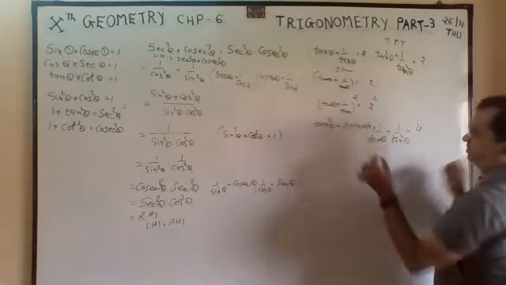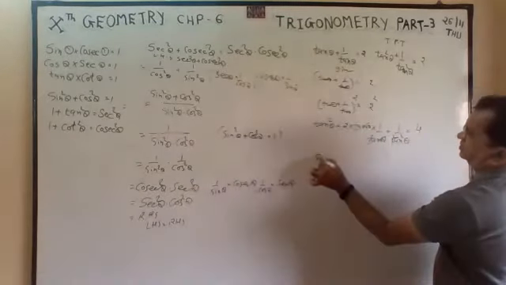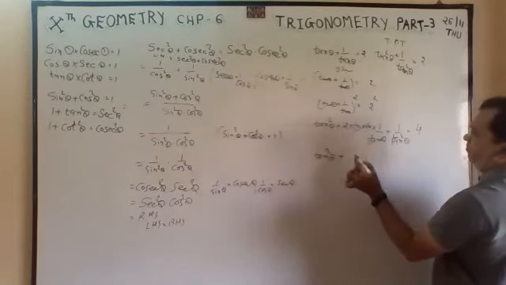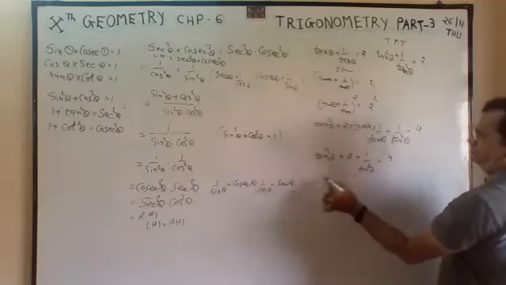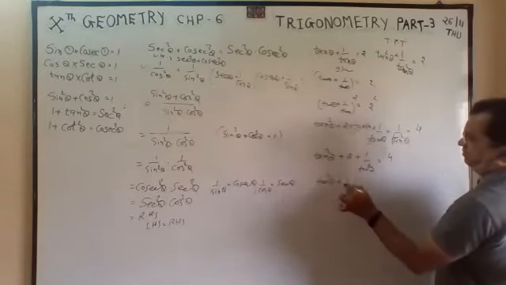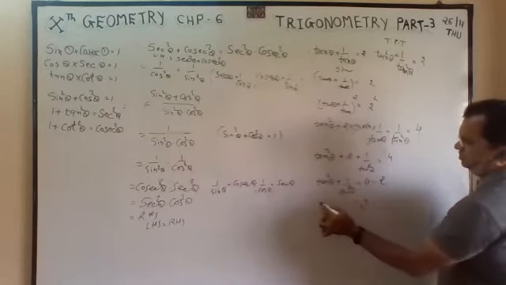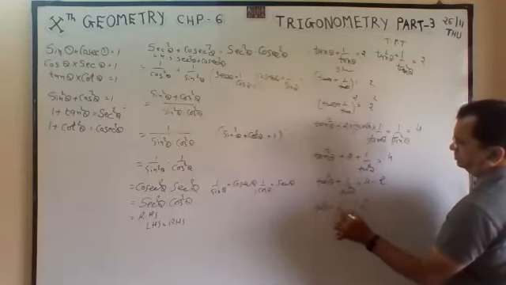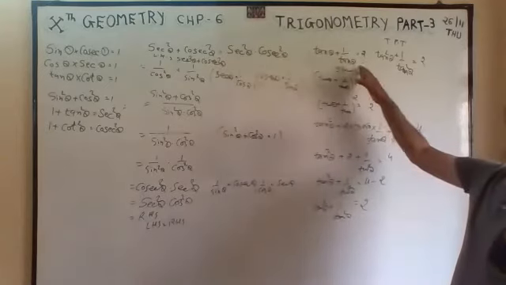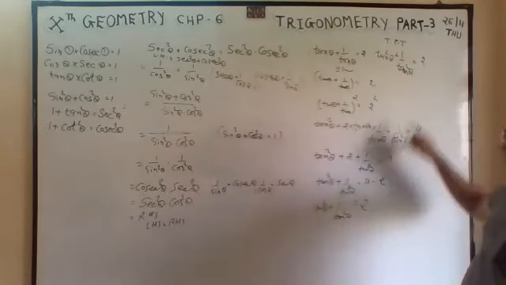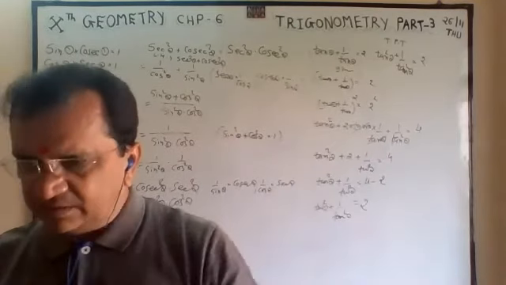So tan will cancel. So it is tan square theta plus 2 plus 1 by tan square theta is equal to 4. So tan square theta plus 1 by tan square theta is equal to 4 minus 2, which is 2. Tan plus 1 by tan is equal to 2 given. Tan square plus 1 by tan square is equal to 2. I have proved. Now my question will start.